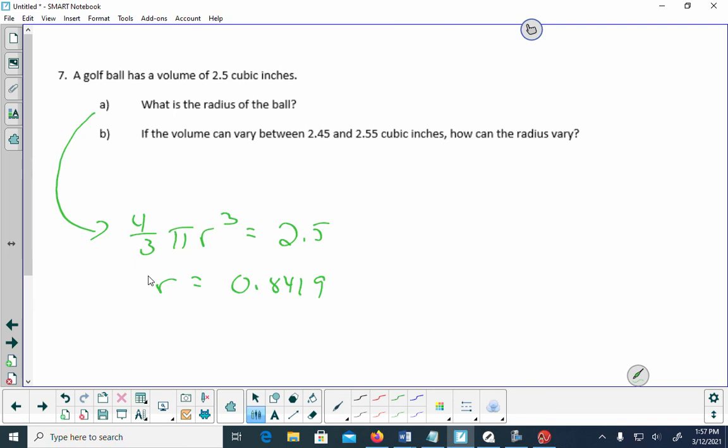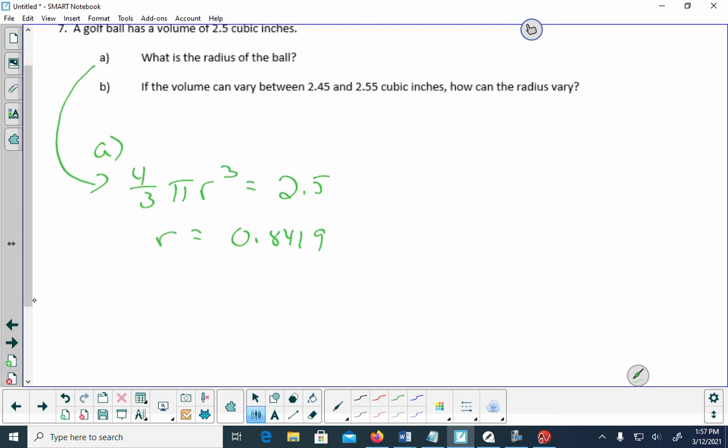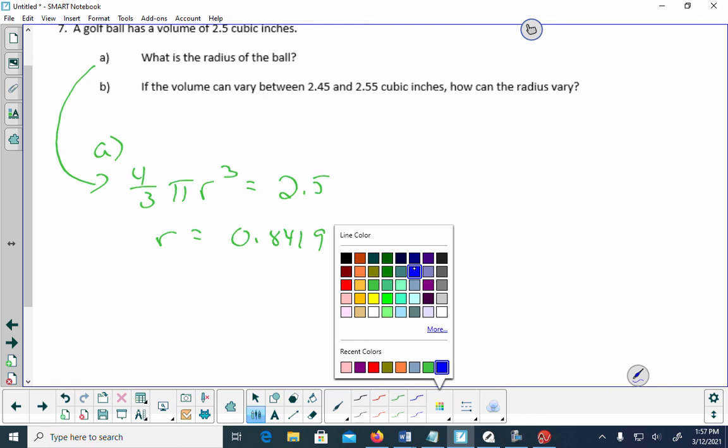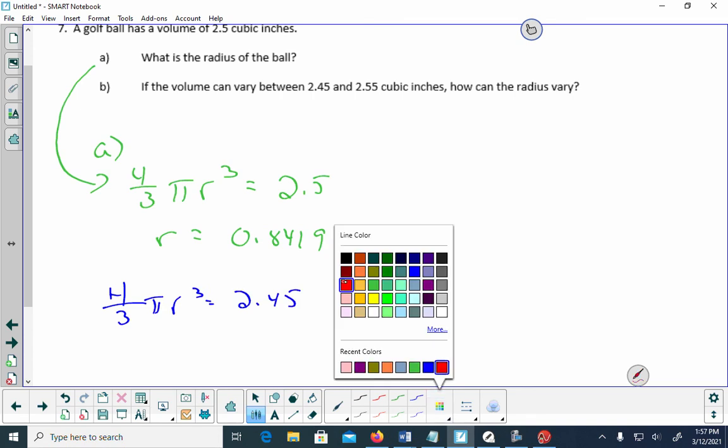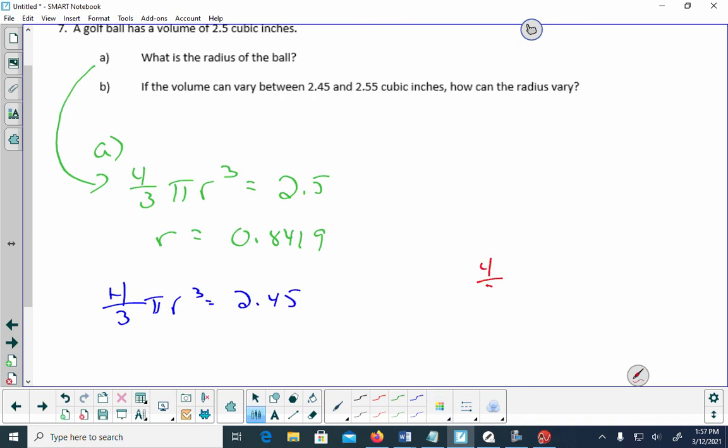So that's answer A. Part B says if the volume can vary between 2.45 and 2.55 cubic inches, how much can the radius vary? So the easiest way to do that is I am going to set 4/3 pi r cubed equal to 2.45, and I'm going to set 4/3 pi r cubed equal to 2.55.